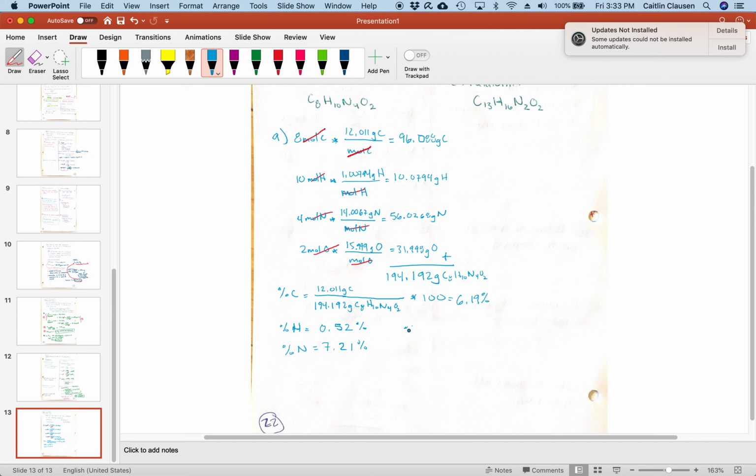And finally, the percent oxygen would be 15.999 divided by 194. Oh no. What am I doing wrong? I'm taking the masses of each element. I need the mass that I calculated, not the molar mass. That's why these numbers are so low.